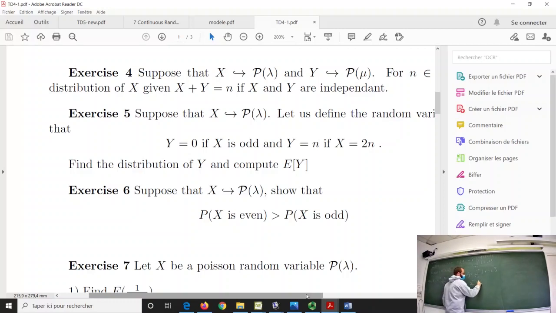Let's write it this way. And now we are going to start to use our hypothesis.